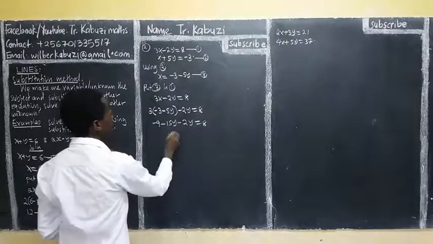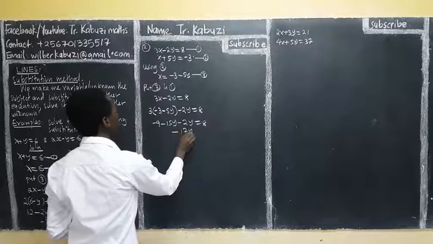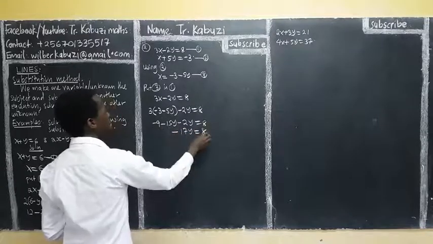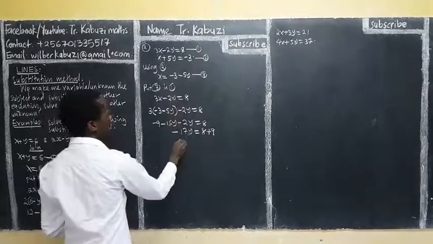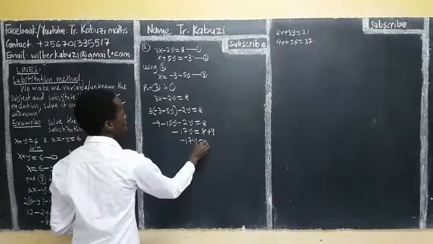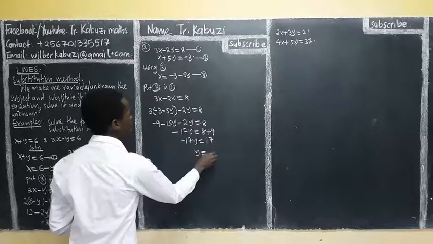So negative 15 minus 2 gives negative 17y equals 8. When 9 crosses this side, it becomes positive 9, so we have negative 17y equals 17. Divide through, and y becomes negative 1.